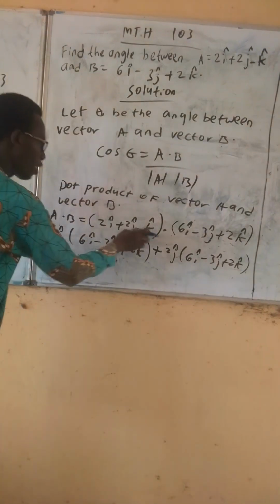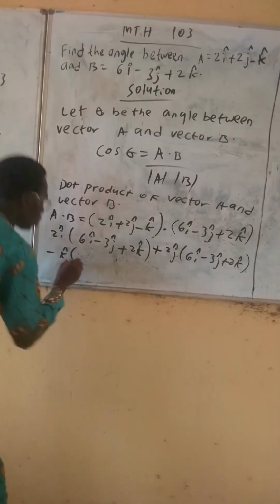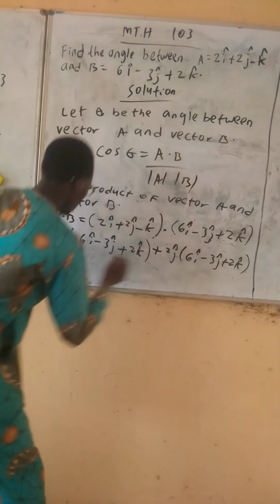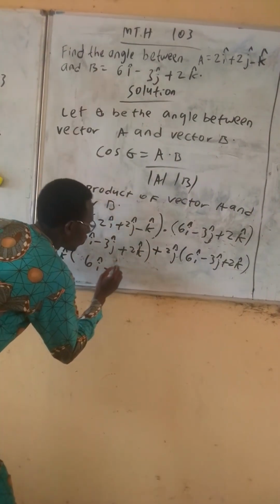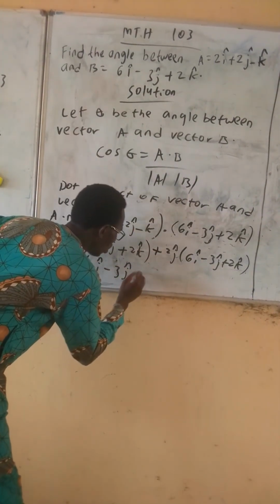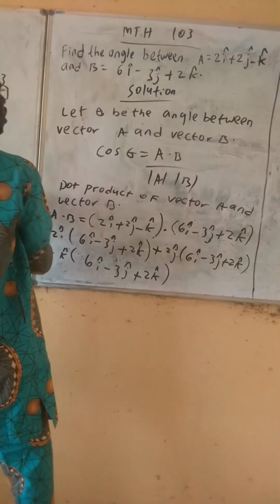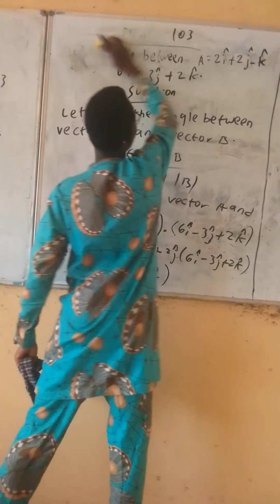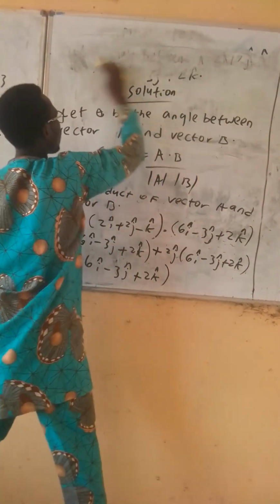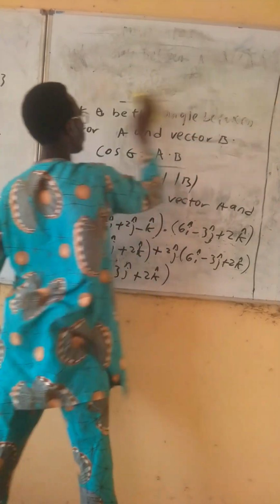We also have minus k vector multiplied by 6i vector minus 3j vector plus 2k vector. Having done this, let's go right ahead to solve the question.